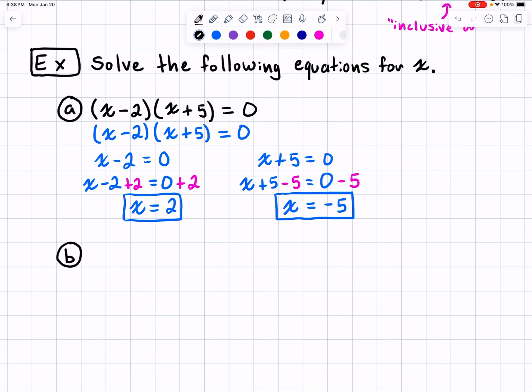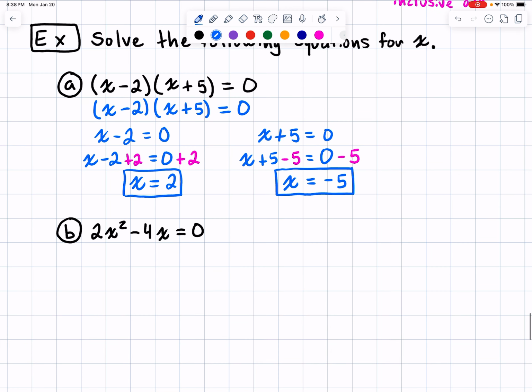Part B is 2x squared minus 4x equals 0. All right, so we want to factor. But to factor, we need to find the common factor of all of our terms.